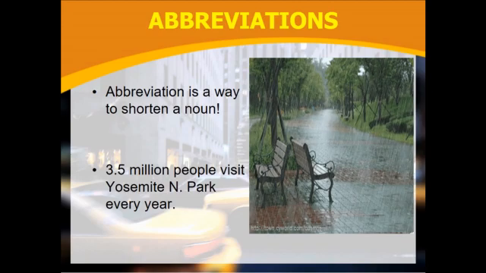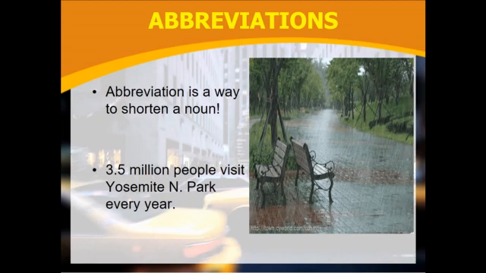Now, if you listened carefully, you will note that I read Yosemite National Park, but looking at how it is written, the word represented by the letter N is not written in complete form.